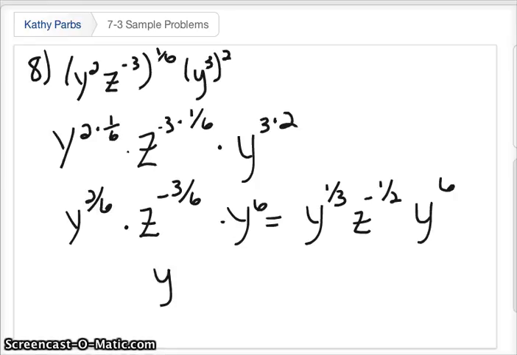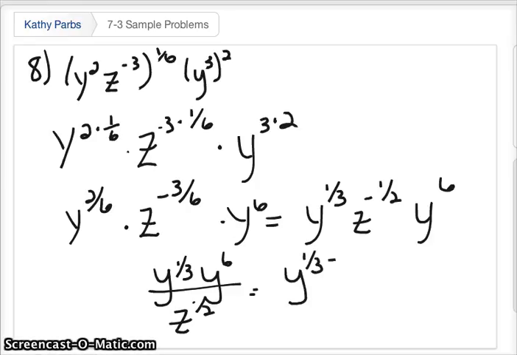So we have a y to the 1/3 that would stay in the numerator. Our y to the 6th will stay in the numerator, and our z to the 1/2 will go to the denominator. Our y's have the same base, so we do y to the 1/3 plus 6 divided by z to the 1/2.